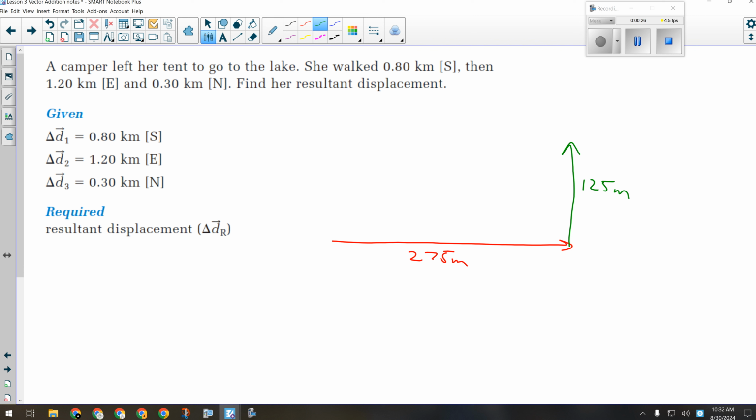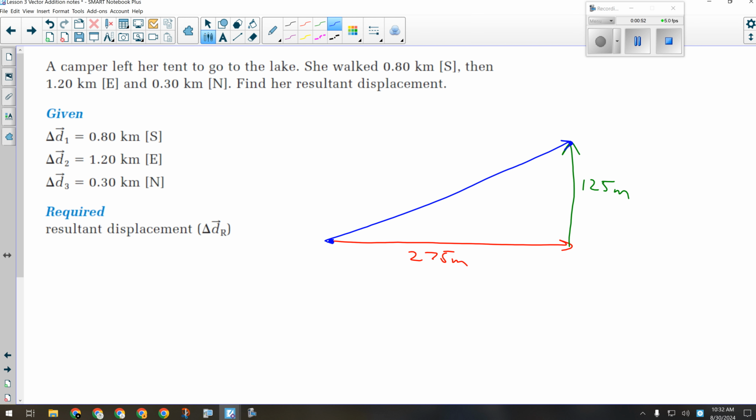Okay, and we were asked to calculate its total displacement. So when we did that, we said the total displacement of that object is its change in position. Its initial position was here, its final position was here, so the displacement would be represented by this line. Okay, is that ringing a bell from yesterday?